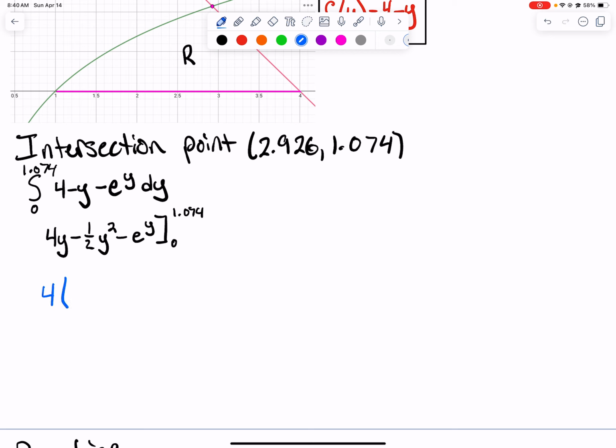So I'm going to take 4 times 1.074 minus 1/2 times 1.074 squared minus e to the 1.074. I'm going to subtract the one at 0 here. So subtract 4 times 0, which is 0, minus 1/2 times 0 squared, which is 0, minus e to the 0, which is -1.